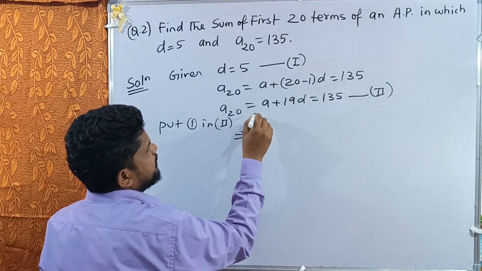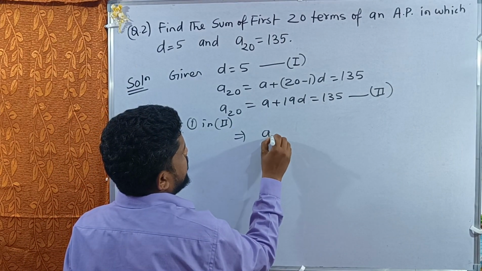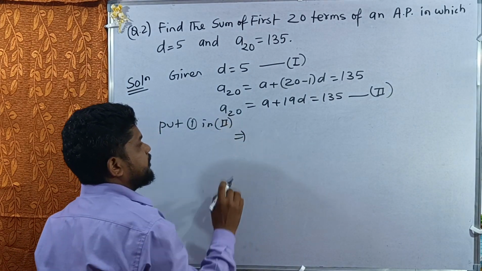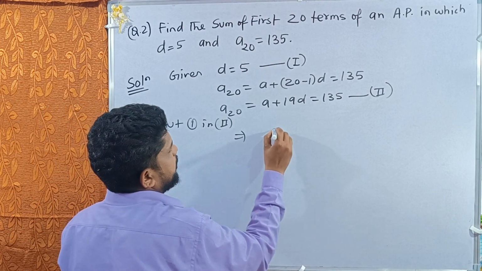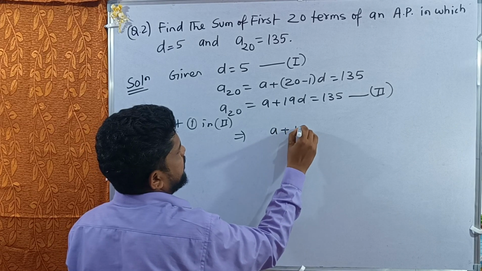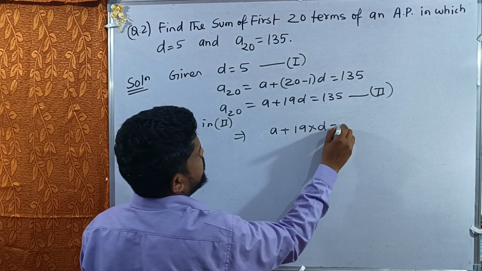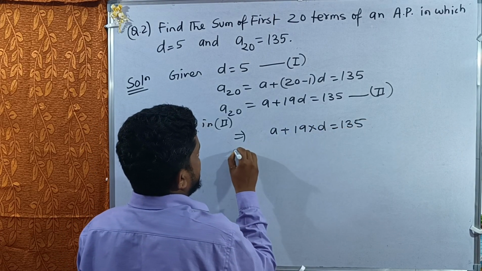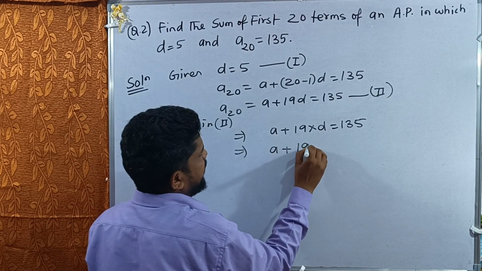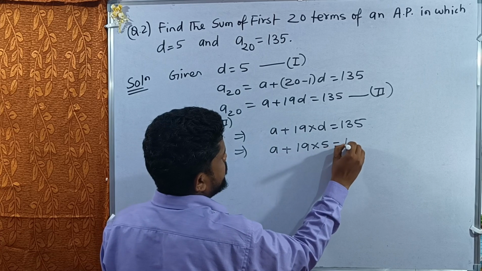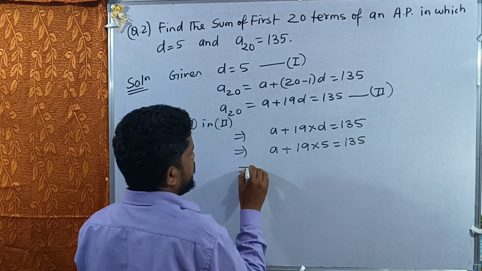Since the 20th term is 135, I can simply write a plus 19 into d equals 135, and putting the value of d from 1 into 2, I will get a plus 19 into 5 equals 135.